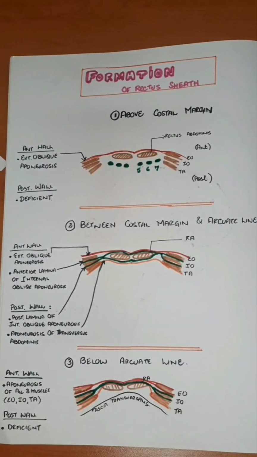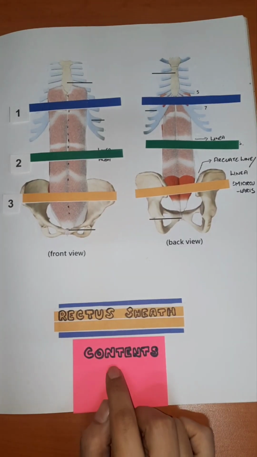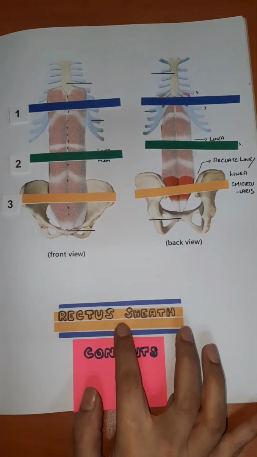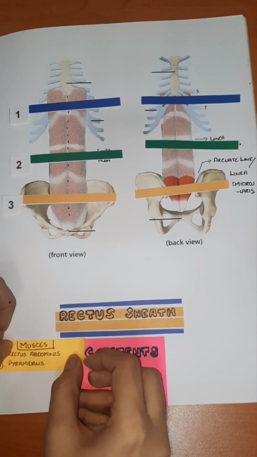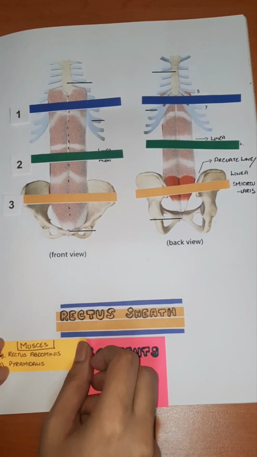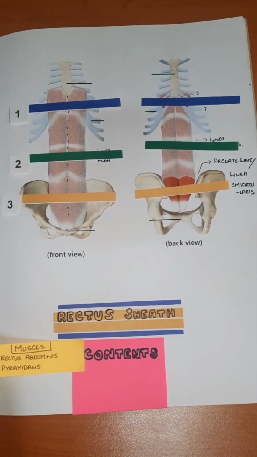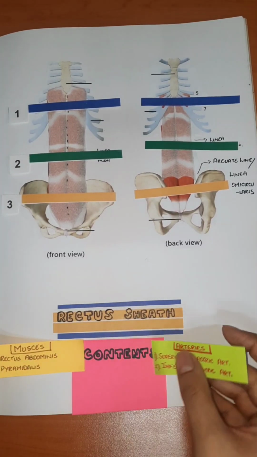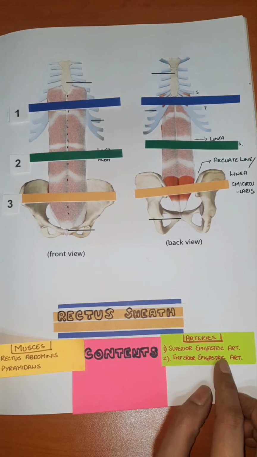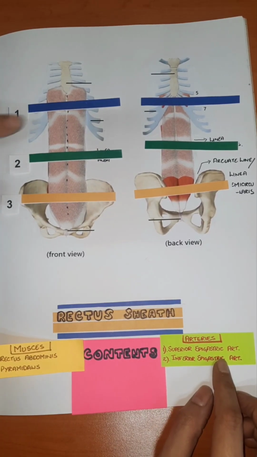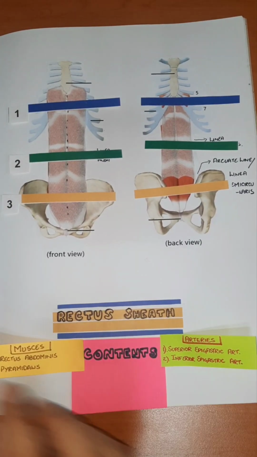Lastly, we need to learn the structures which are found within this rectus sheath. These include muscles like the rectus abdominis and pyramidalis. The arteries found within this sheath are the superior and inferior epigastric arteries, which anastomose inside this sheath.